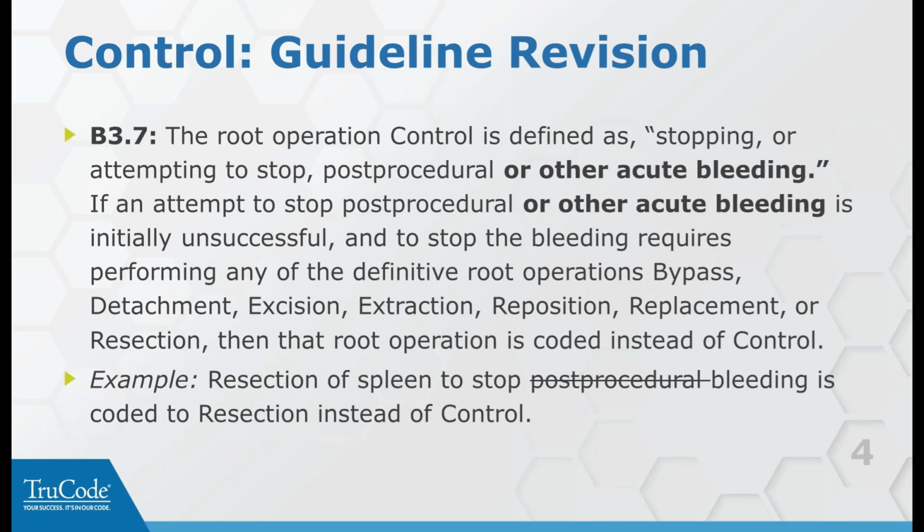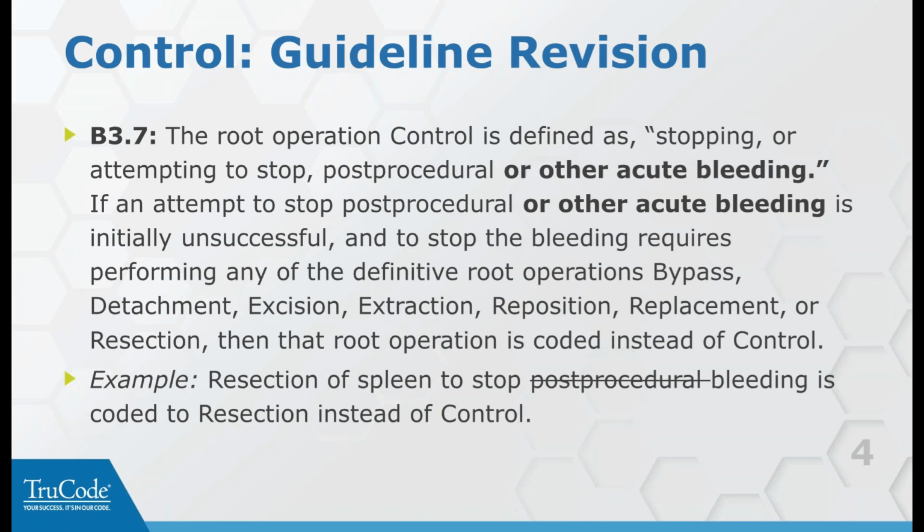First of all, I wanted to start with control, which is one of the root operations that they expanded the definition of. Prior to October 1, it was only related to stopping or attempting to stop post-procedural bleeding. And as you can see, October 1, they added in the additional wording of "or other acute bleeding."